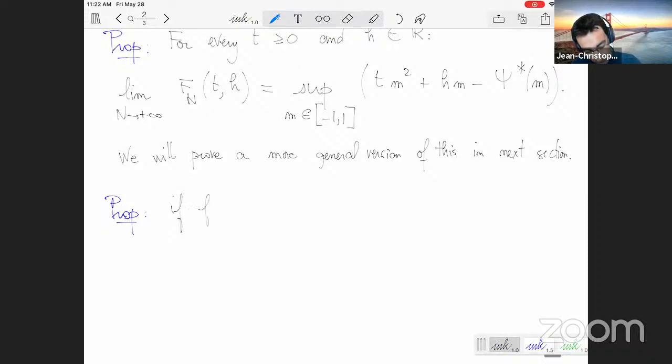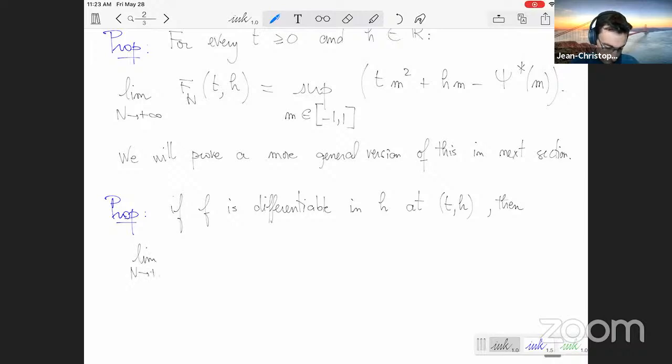So let's say if F is differentiable in H at a specific point TH, then the derivative converges to the derivative.